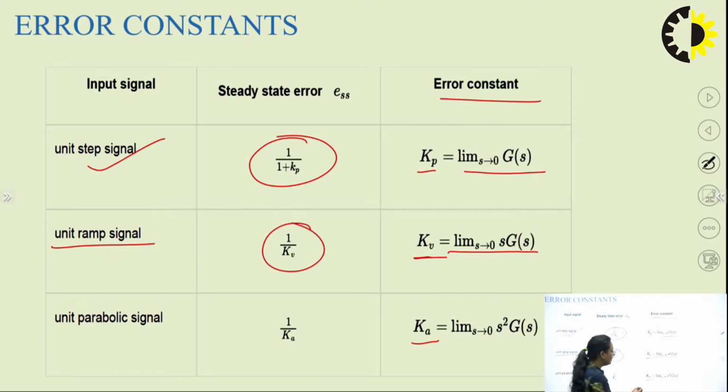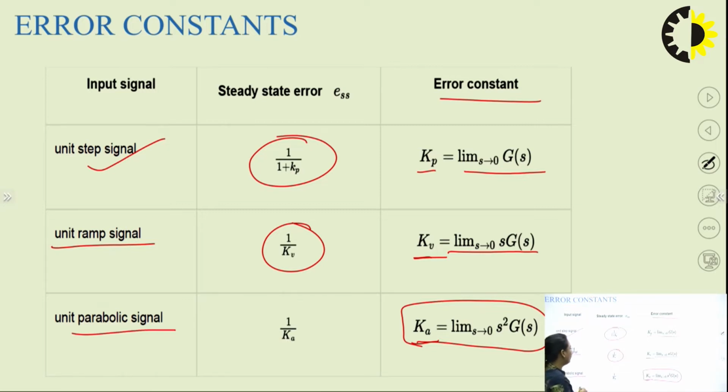And the acceleration error constant value will be limit s tends to 0 of s square into G(s), and it is applied to systems which have a unit parabolic signal as the input. The corresponding steady state error will be 1 upon Ka. Please note that for the impulse signal, steady state error cannot be calculated, as it is applied at a particular point.